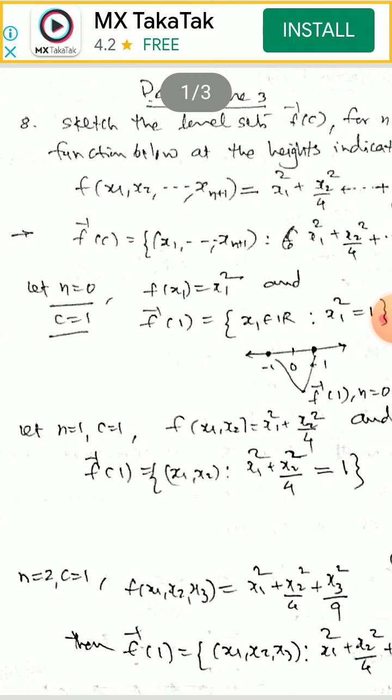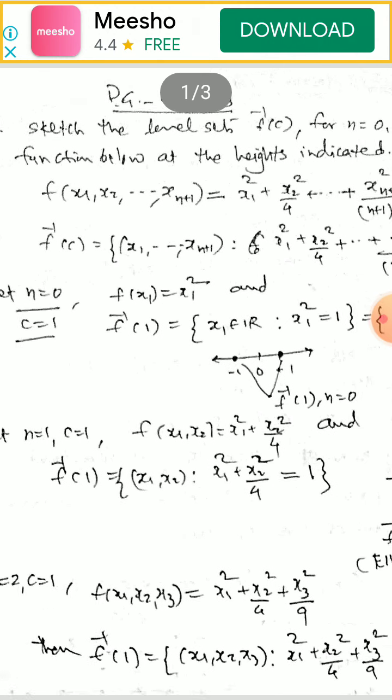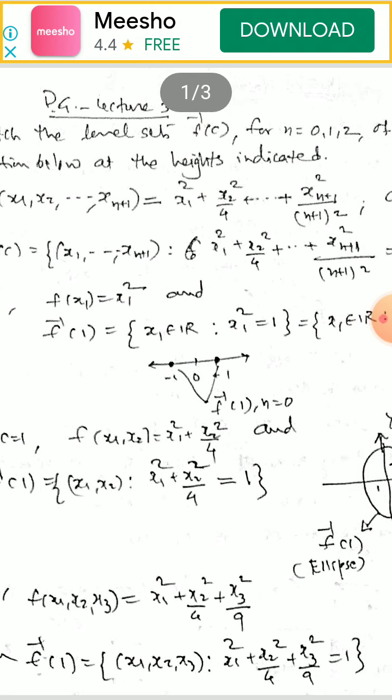Now first of all I will take n is equal to 0. See, you have to take first the values of n, then c. So for n is equal to 0, and c is equal to 1, he has given. For n is equal to 0, from the definition of the function, f of x1 is equal to x1 square. Therefore, f inverse 1 will be equal to the set of all x1 belonging to R such that x1 square is equal to 1.